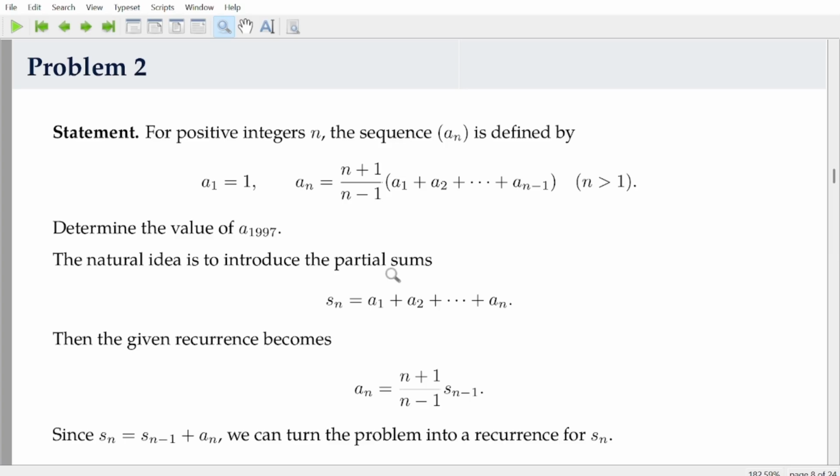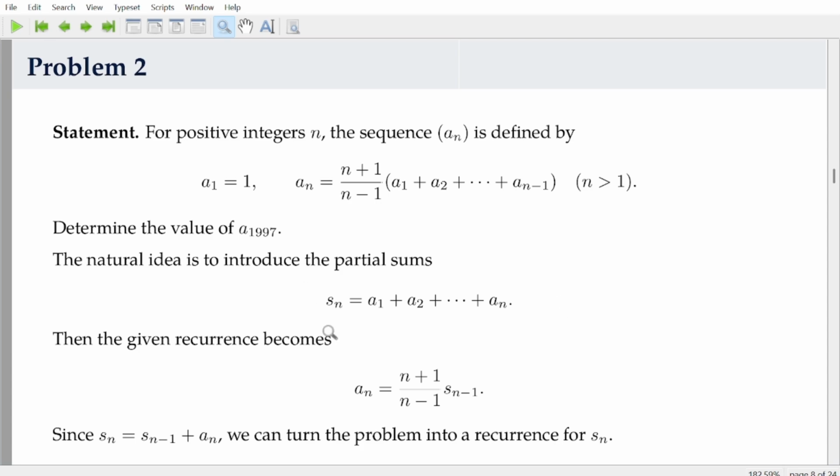So we define s sub n to be the sum of the first n terms of our sequence, a sub n, which is the one that they've given us in the question. But we're defining this as a new sequence, which is basically a sequence of partial sums. At least that's what we call it, right? So the nth term of that new sequence is going to be the sum of the first n terms of our sequence that we're actually talking about.